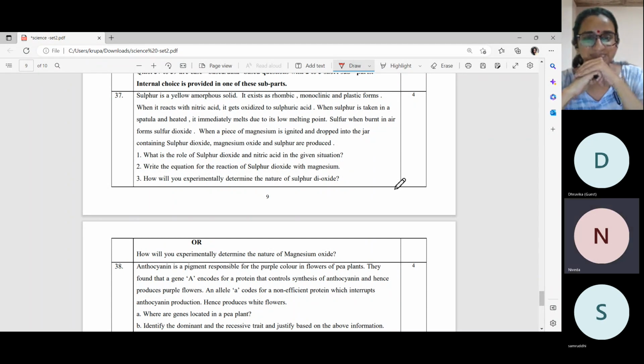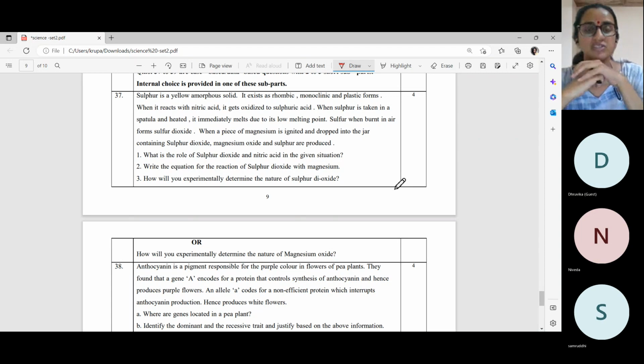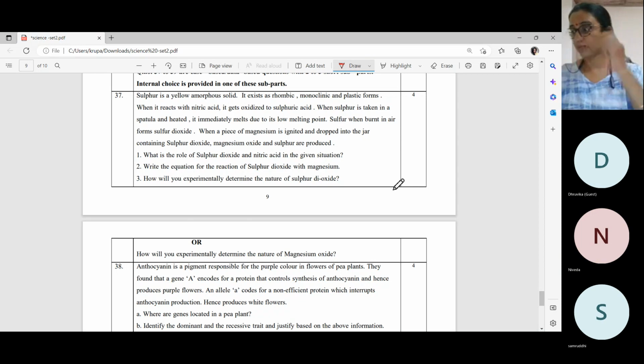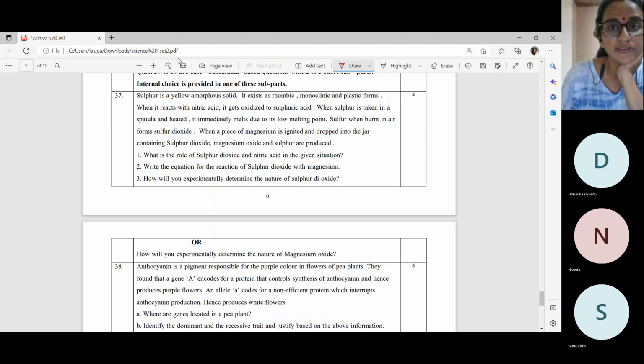Ma'am, they're used as oxidizing agents. Which is used as oxidizing agents? Both of them cannot be used in the same place as oxidizing agents, right? One second, let me just finish reading the entire thing. What is the role of sulfur dioxide and nitric oxide?